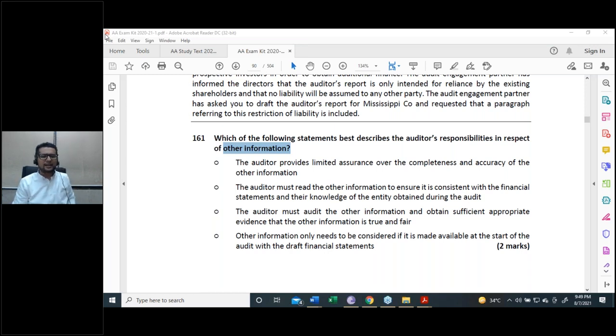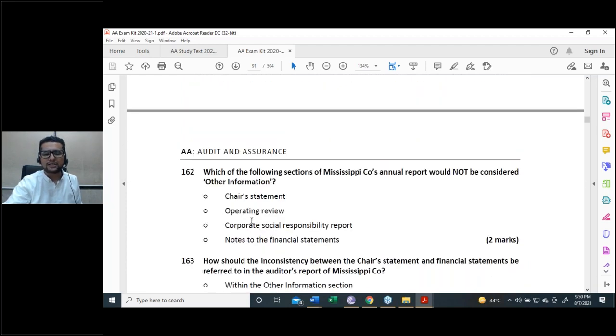Everyone is saying the correct answer, that is option B. We are only responsible to do what? The auditor must read the information. According to ISA 720, we need to read it at any cost and make sure there is no inconsistency. So we need to read it. Fantastic. We are done with 161.